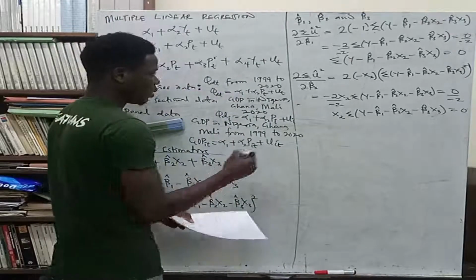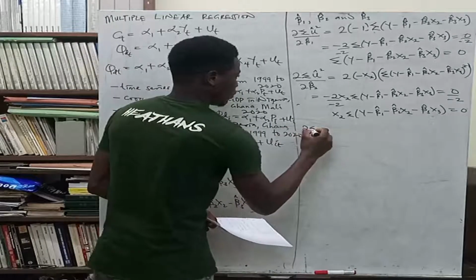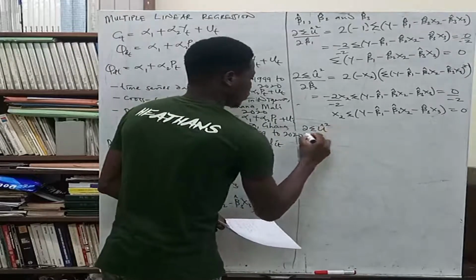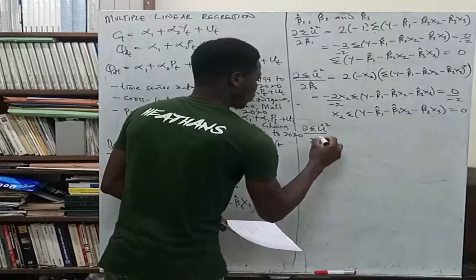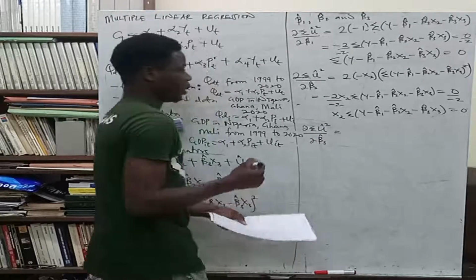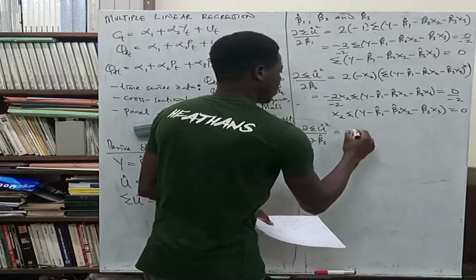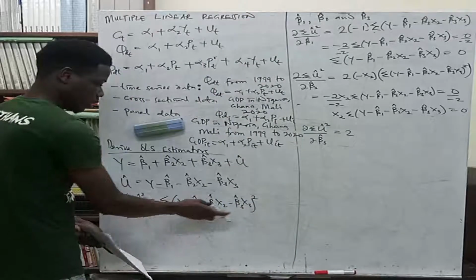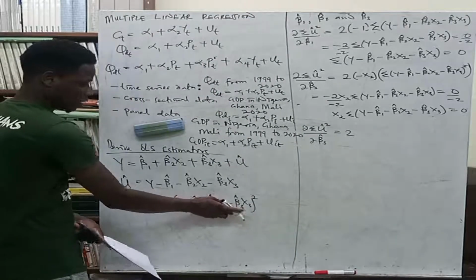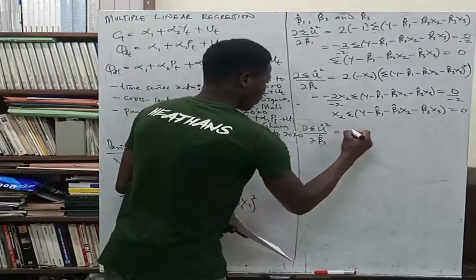Then for the third one, bring 2 forward as usual. Then we have to differentiate whatever we have in this with respect to beta 3.